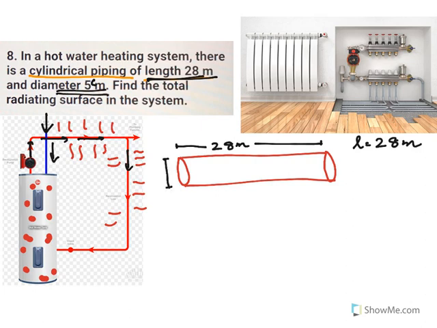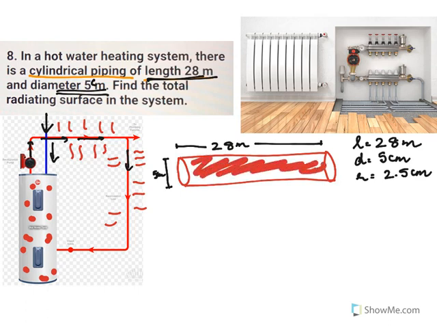So the diameter is 5 centimeters, radius 2.5 centimeters. And this is filled with steam. The steam enters in this area and it leaves here.